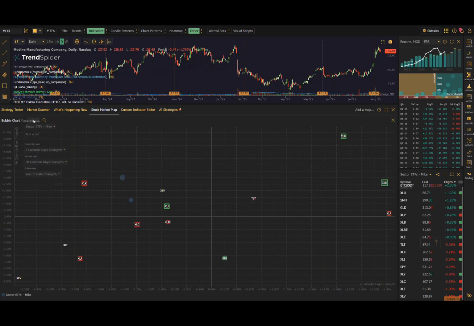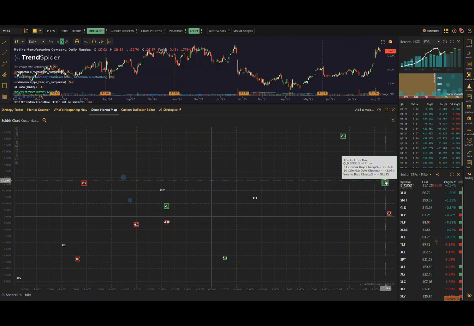And so here's what we have. Let me explain this real quick. We have the horizontal axis, which is going to be the 7-day calendar change percent, the vertical axis, which is the 30-day change percent, and then the size of the bubble is the year-to-date change percent. And you can see that down here. So the stuff furthest to the right is going to be the stuff that is making the highest 7-day change percent.